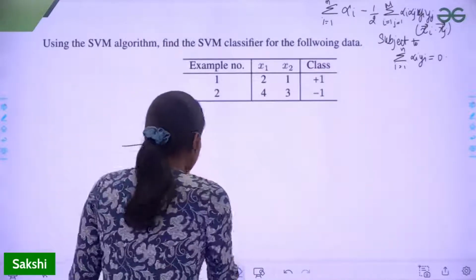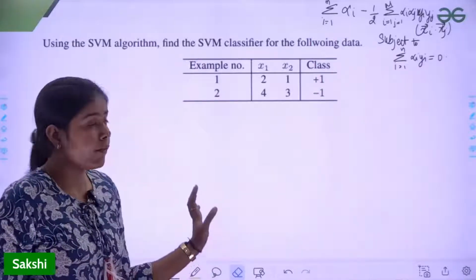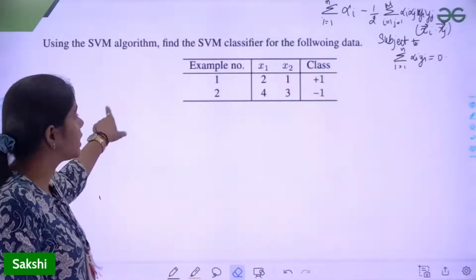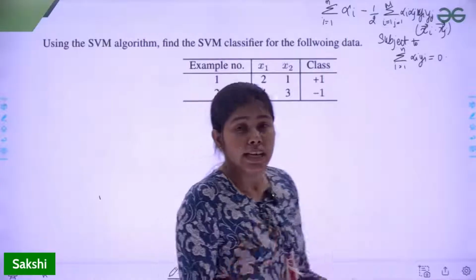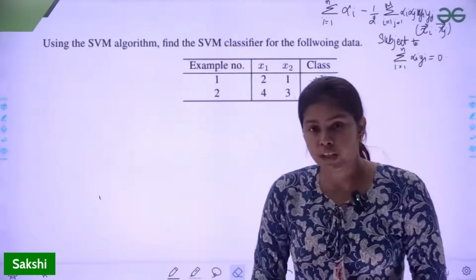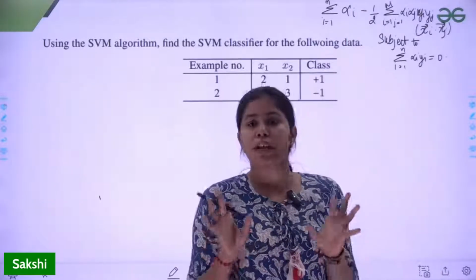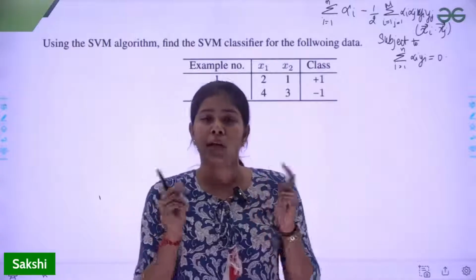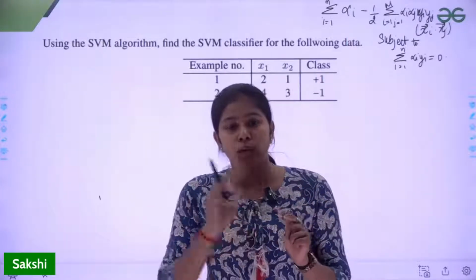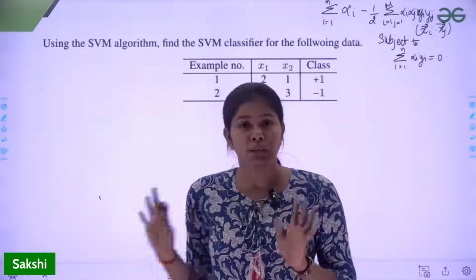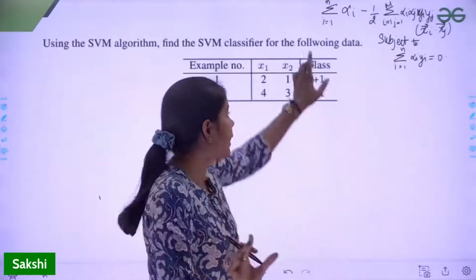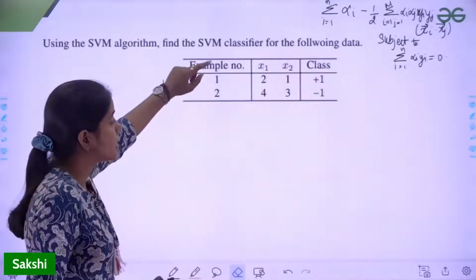Let's suppose we have this given problem, and they are saying to find the SVM classifier using the SVM algorithm. I know I have to find the values for W and B, and for W I have to find the alpha value. I find alpha using this summation of alpha i.